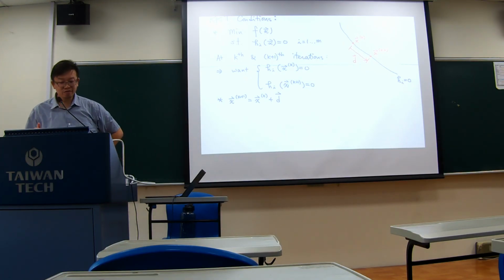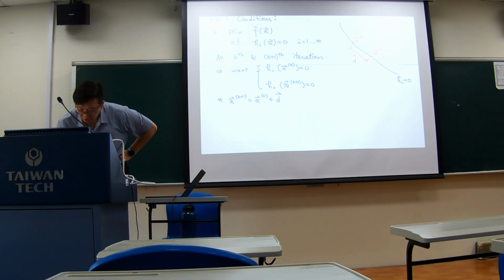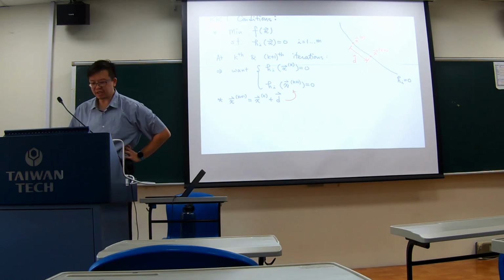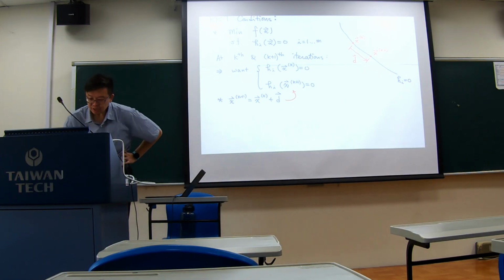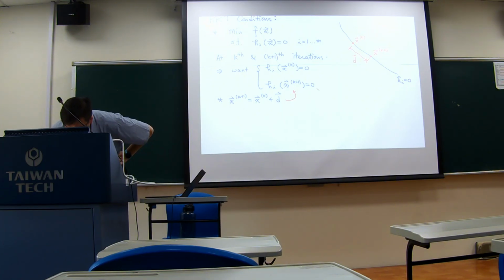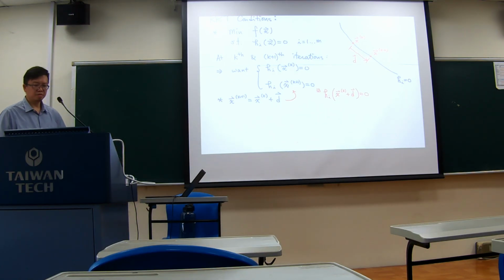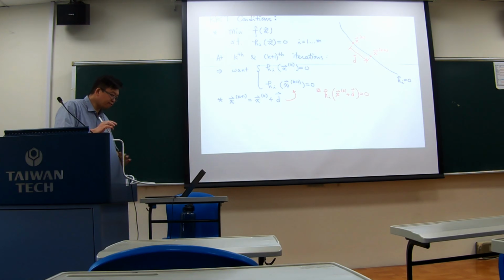So we can also plug this equation into the second equation over there. So we end up with h_i(x_k + d) equals 0. So we have these relationships, and we may be using them later on.